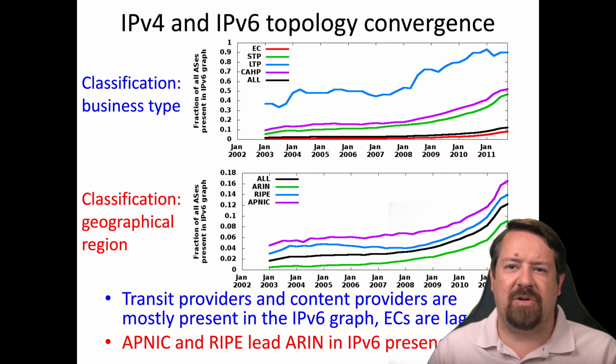However, the enterprise customers are only at a 10% adoption rate. And thinking back a couple of slides, we know that enterprise customers are the vast majority of ASs in total. Breaking it down by geographic region, we see that all of the regions follow a similar trajectory. However, APNIC leads as far as the fraction of ASs, followed by RIPE, with ARIN trailing behind.